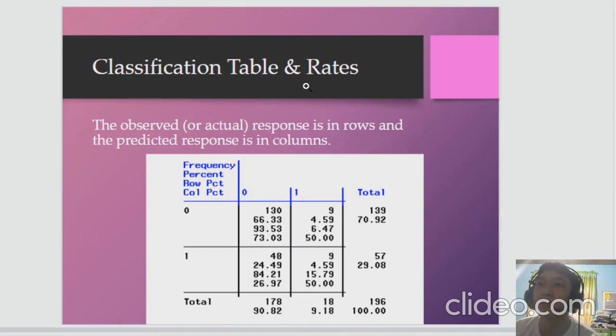Classification table and rates. The observed or actual response is in rows and the predicted response in columns. This is the example table of the observed or actual response.